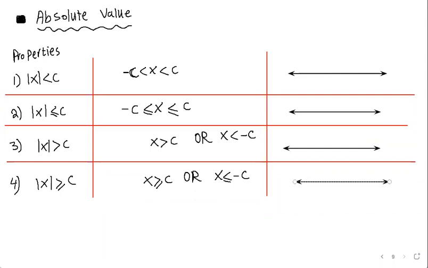For the first one, I will give it to you fast, and next time I'll explain more. Here is an open circle at negative c, and the solution is between these two points. For the second one it is a closed circle. Let me stop here.